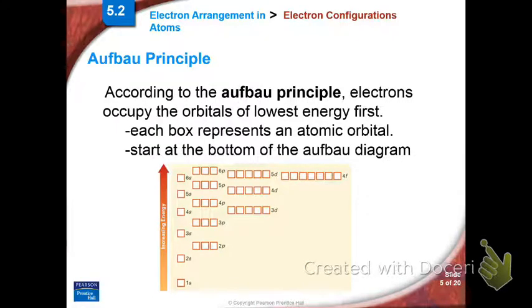According to the Aufbau principle, electrons occupy the orbitals of the lowest energy level first. We are going to work with diagrams like you see here. Each box is going to represent an orbital. Aufbau says we have to start with the lowest energy, so we are going to start at the bottom.